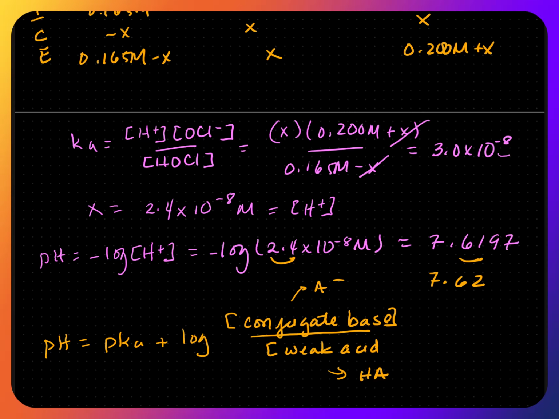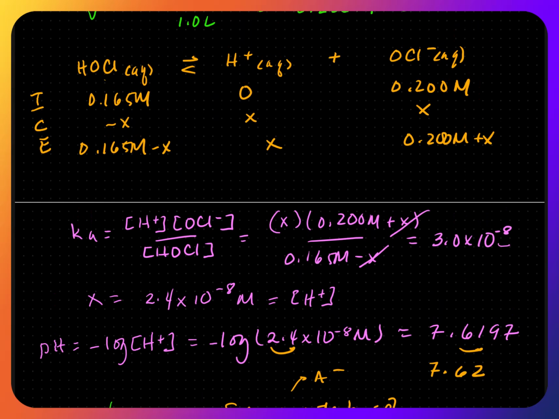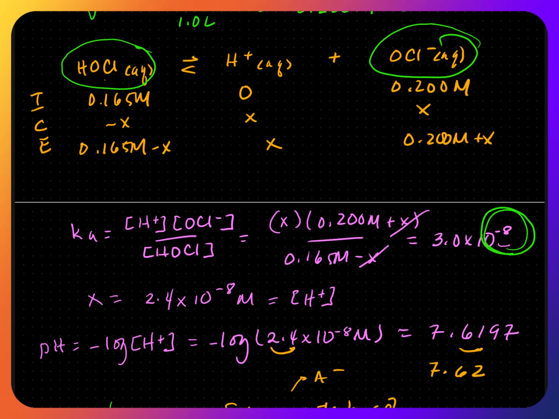This is at equilibrium. pKa, remember, p means negative log of 3.0 times 10 to the negative 8th molar, plus log of the conjugate base. The conjugate base here is OCl minus. My weak acid is HOCl. My exponent is negative 8, which is really tiny, so this is approximately 0 as we calculated up here.